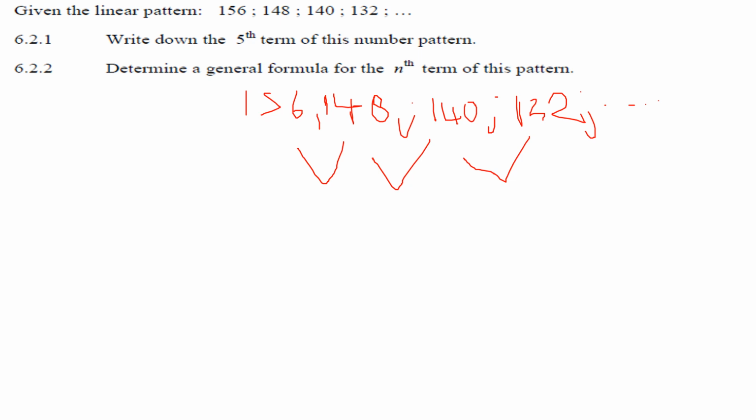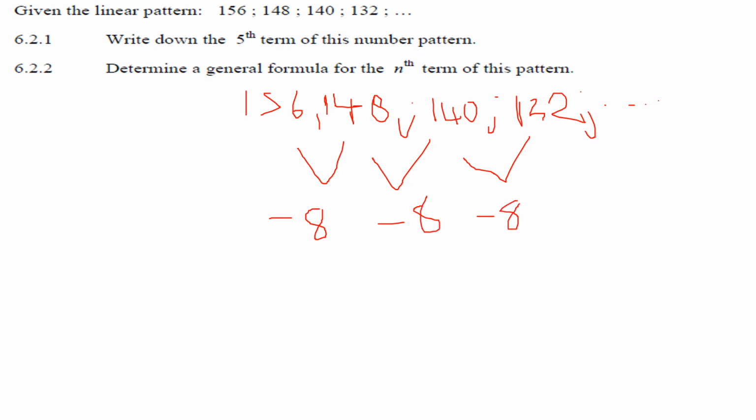So we will say term 2 subtract term 1. This is the difference. So it's going to be 148 subtract 156, which gives us negative 8. So we know the difference throughout this sequence is negative 8.